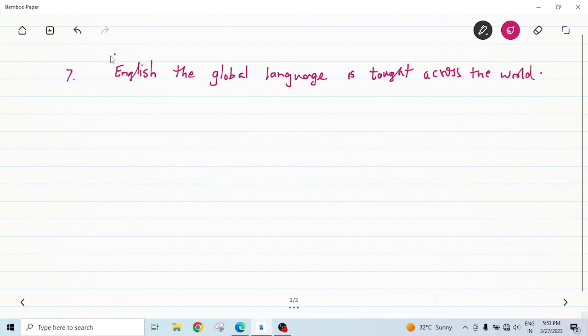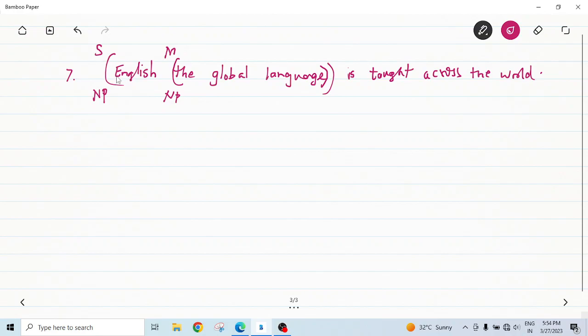Now, this noun phrase functions as subject, and within this noun phrase you see that the global language is itself again a noun phrase and it functions as post modifier in the noun phrase.